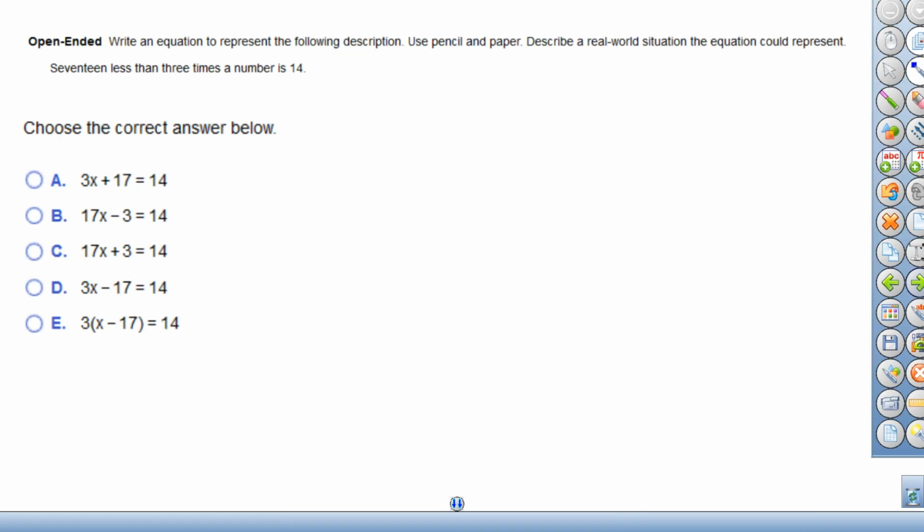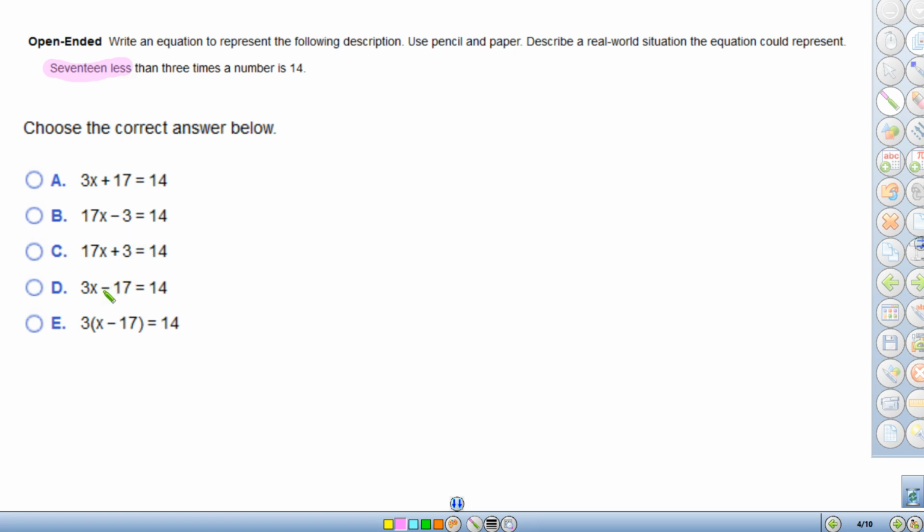Our next question says, write an equation to represent the following description. Describe a real-world situation the equation could represent. Let's take a look at it again, one piece at a time. 17 less than 3 times a number is 14. Let's start with the first piece, 17 less. So let's look for one that has a negative 17, because 17 less would be minus 17.